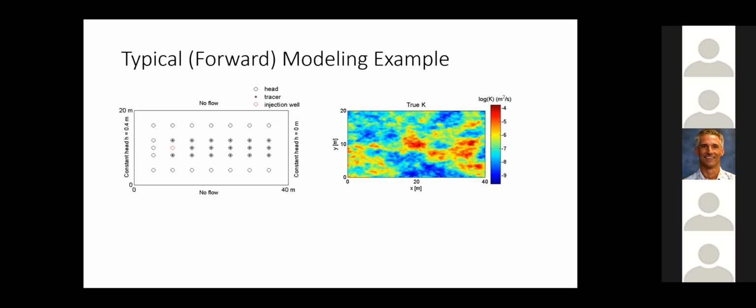And because we don't have any analytical equation to simulate the movement of water and some contaminant, we require a governing equation. In this case, some elliptic or parabolic equation is used to simulate this.